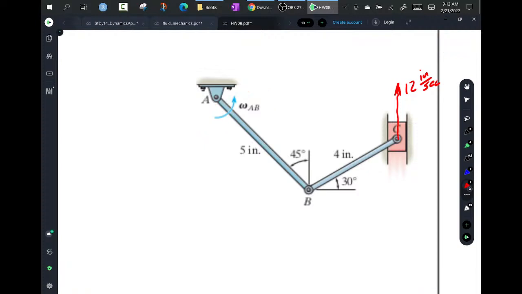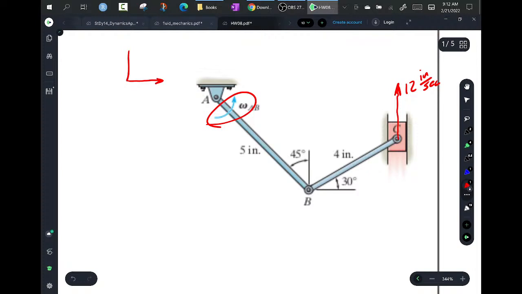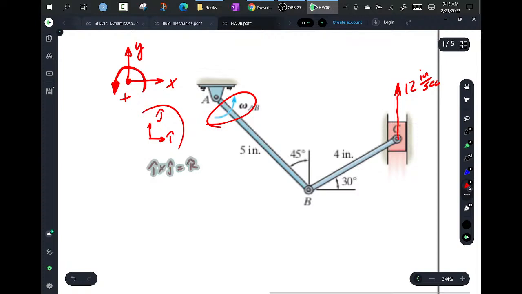Now, he's shown this going this way, but I like to always put down an X and a Y. If you cross the I vector and the J vector, I cross J gives you K, which means your thumb is pointing at you, so a rotation this way mathematically is positive.